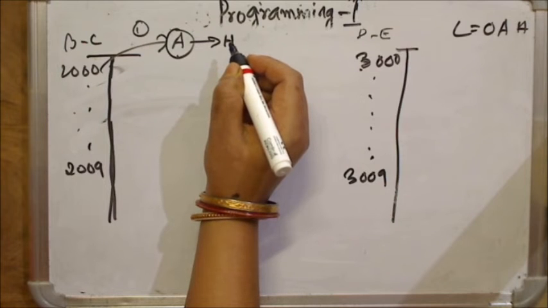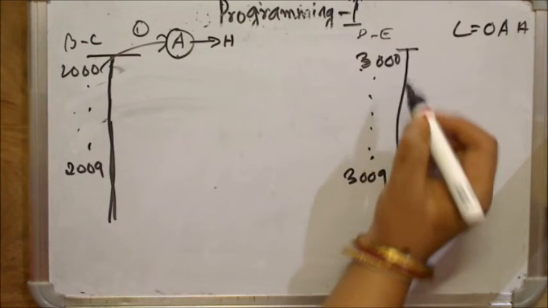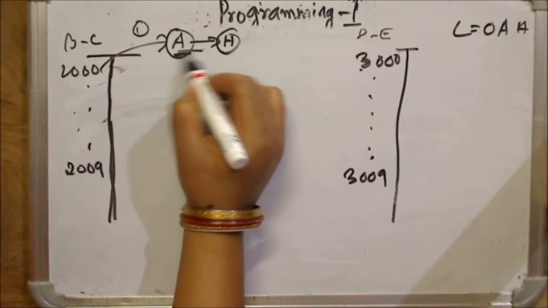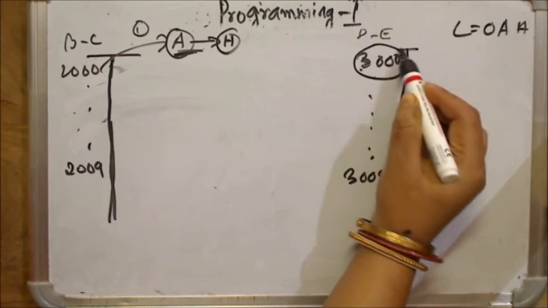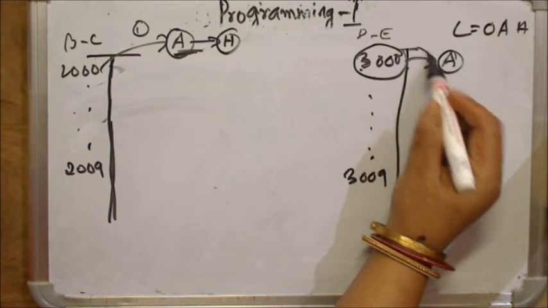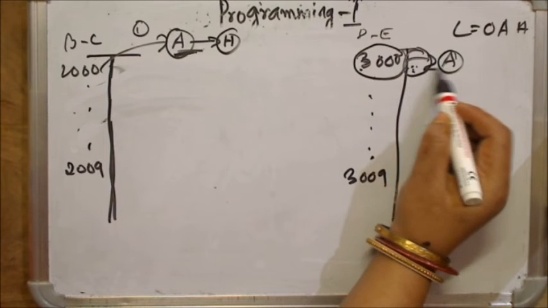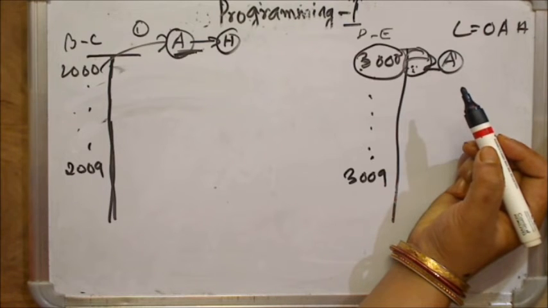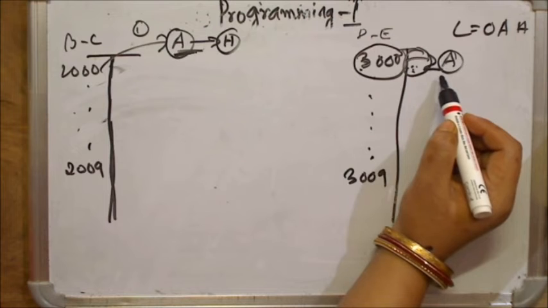Then take the data pointed by 3000 into A. After you take the data into H, A becomes free. So take the data pointed by memory location 3000 into A. Understood? Then store from A at the location pointed by the BC pair.